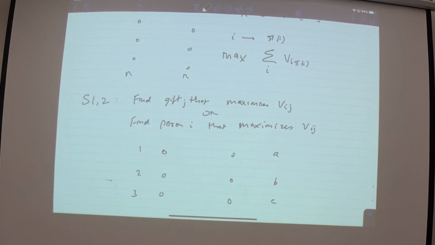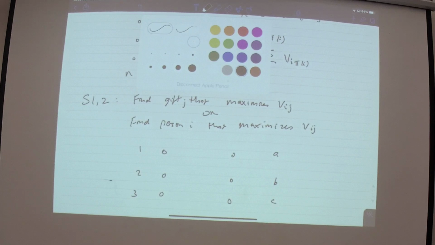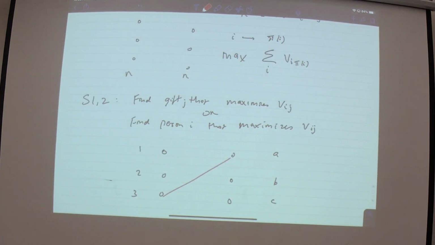Do you need a number? It doesn't matter. Sure, they value it at 2. And everyone else has a lesser value. Say 1 and 2 value it at 1. So 2, 1, 1. Okay, good.